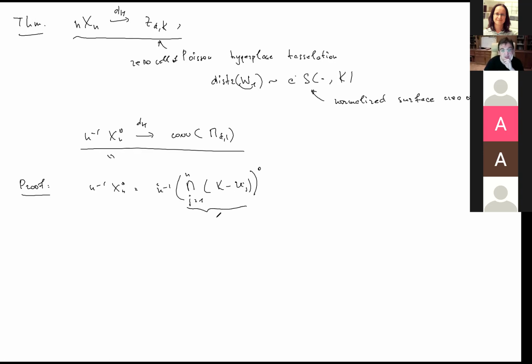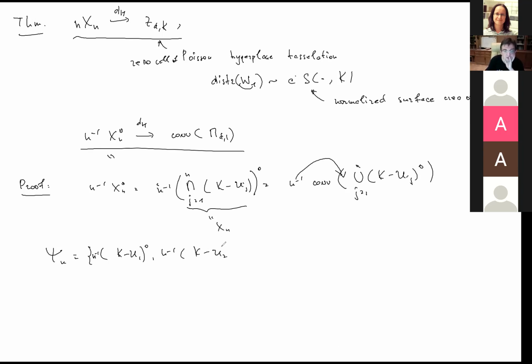So this is just Xn, my Xn, the set of centers. And by taking the polar, we know that this is the convex hull of the union of polars Ug, g from 1 to n. And now if we consider psi n, so n can be put inside. Now we take psi n. This is a sample of this form: n minus 1 times K minus U1, polar, n minus 1 times K minus U2, polar, and so on, n minus 1 times K minus Un, polar.